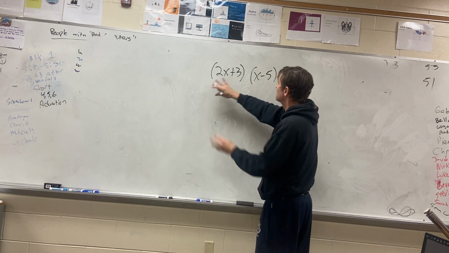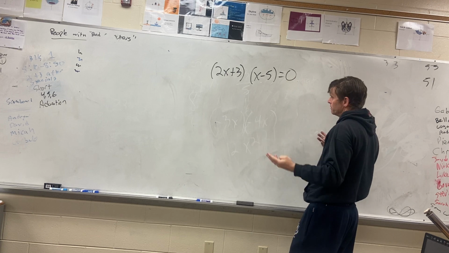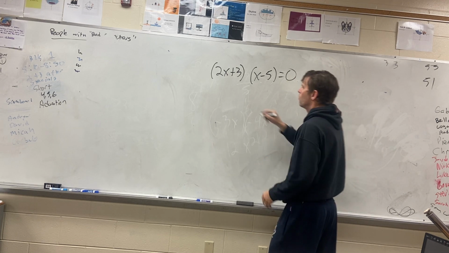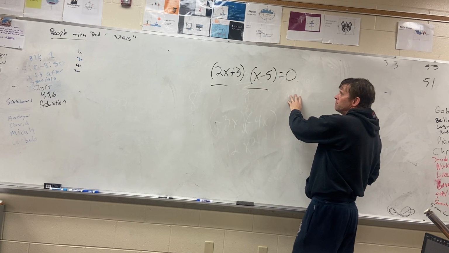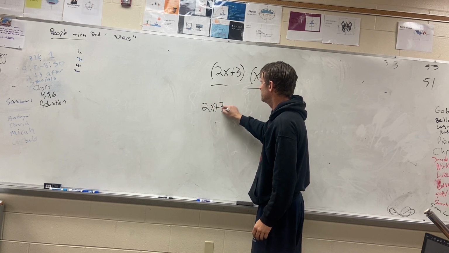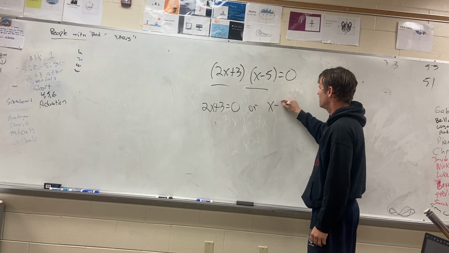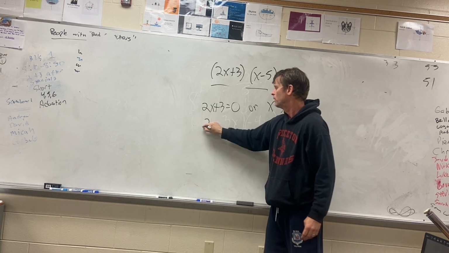You've got two things, you multiply them together, you just have to recognize it. It's different, sorry, but you learn new things, right? So one thing times another thing equals 0, which means either 2x plus 3 equals 0, or x minus 5 equals 0, and then you solve them both.